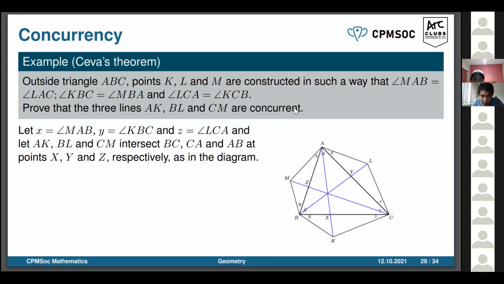Here's a diagram where you can see the angles labeled x, y, and z. Those are our K, L, and M. We've also constructed points capital X, Y, and Z, by intersecting the blue lines with the sides of the triangle.